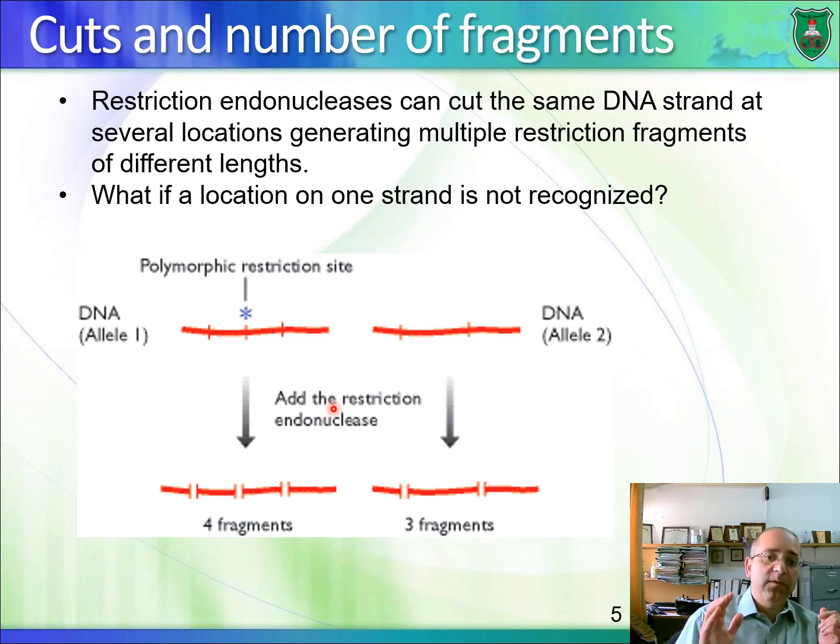So if you have a person, being diploid, having chromosomes from mom and dad, the sequences within the DNA can differ by one nucleotide, by one base. So, for example, let's say that this person is diploid, having two DNA coming from mom and dad.